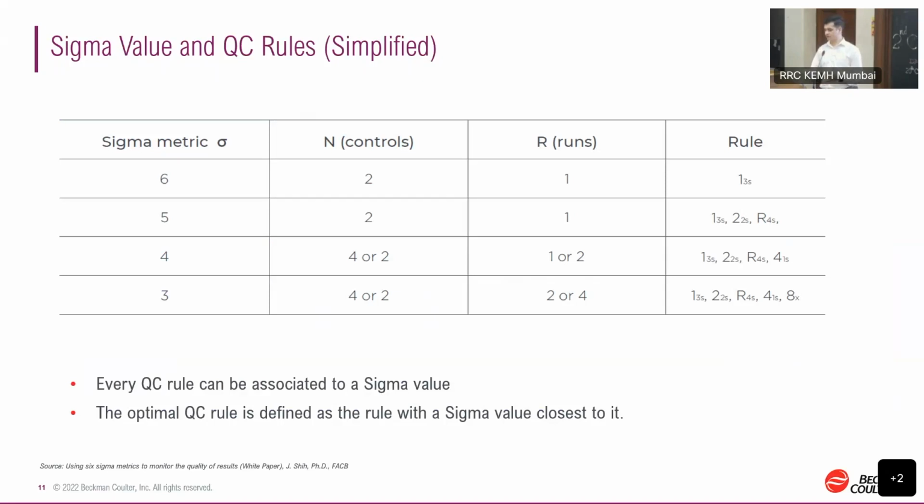That way you can use this set of rules here. Every QC rule can be associated with a single sigma metric, and the optimal QC rule is defined as the rule with the sigma value closest to it.